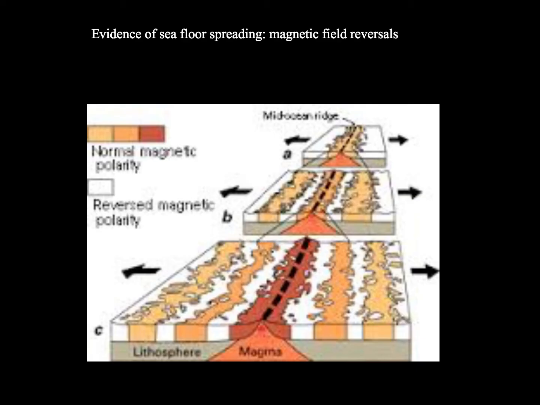We can prove this seafloor spreading has occurred for thousands of years by looking at the magnetic field stripes on the ocean floor. You can't see them with your eyes, but these stripes can be measured with special equipment. Compasses point north. Imagine this dark orange stripe as newly created sea floor. If you took your compass down there, it would still point north. But if you moved farther from the ridge into the white area, it would point south.